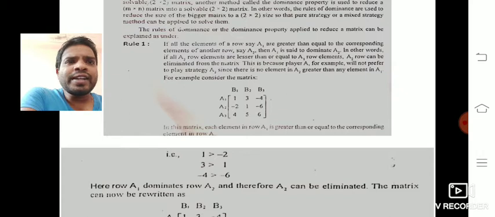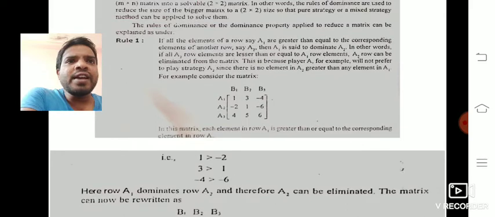You can take any row, but whichever row you take, if its elements are greater than the other row's elements, you can call it the dominating row. For this example, A1 dominates A2. Please check it: all the A1 row elements are greater than or equal to the A2 row elements.